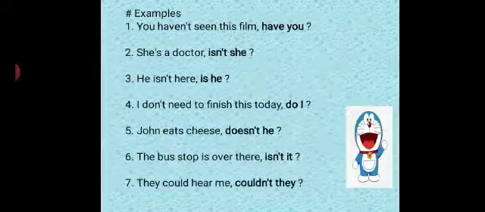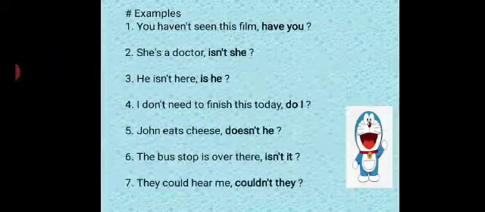So the tag added to it is positive. Have you? See, haven't, have. Negative, positive. You haven't seen this film, have you? Understanding, students? The given statement is negative, so the tag is positive.